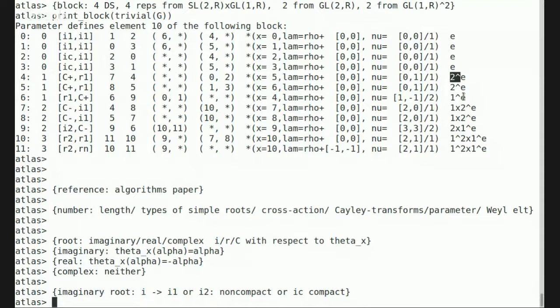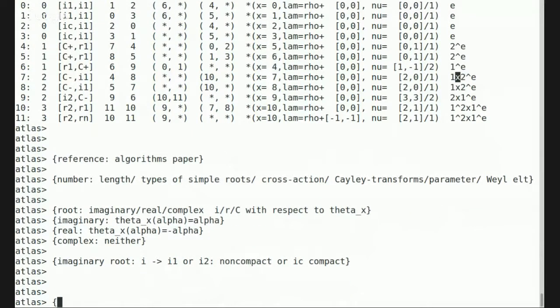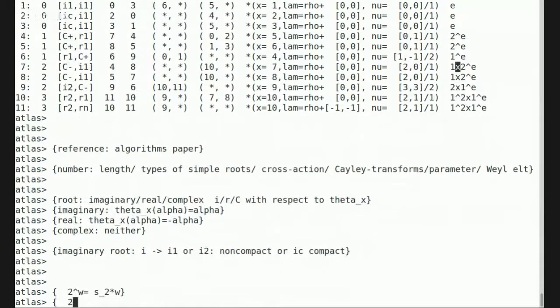Right here, it says the action of theta is this, so there's a notation 2 hat, and there's also a notation cross. Maybe I'll just write down here what this means. 2 hat W means it's really S2 times W, whereas 2 cross W, for example, means S2 times W times S2.